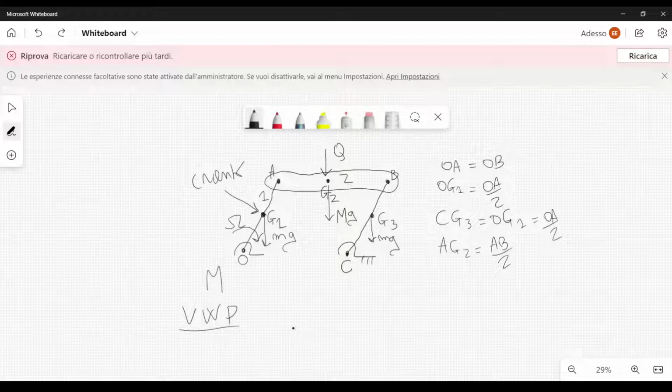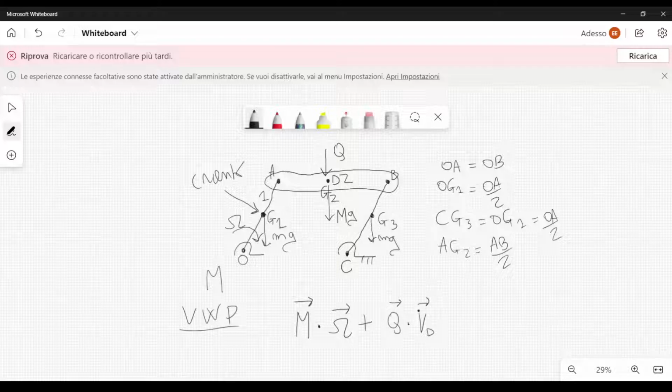So we have the torque M dot product with the angular velocity omega, plus then we have Q dot product with the velocity vD of the point here. So I'm going to call this point D, or if you want, it is G2.